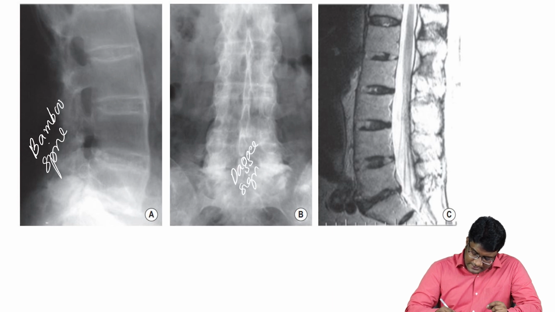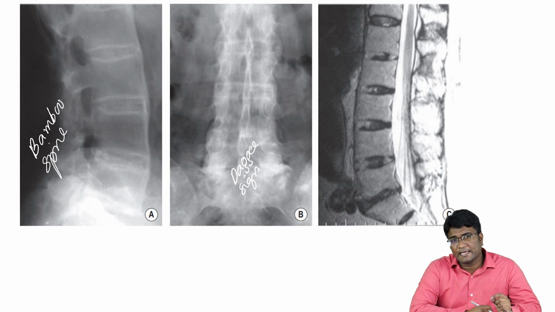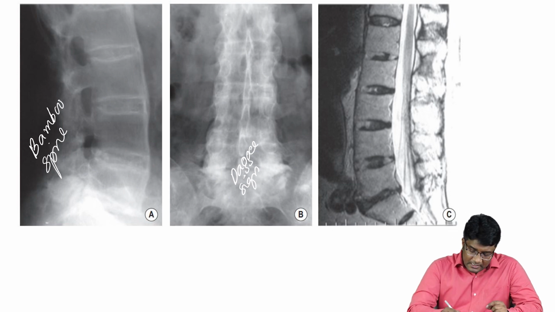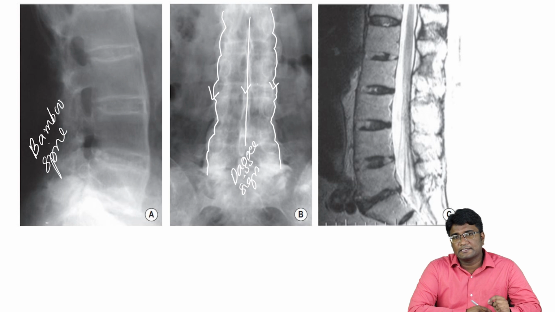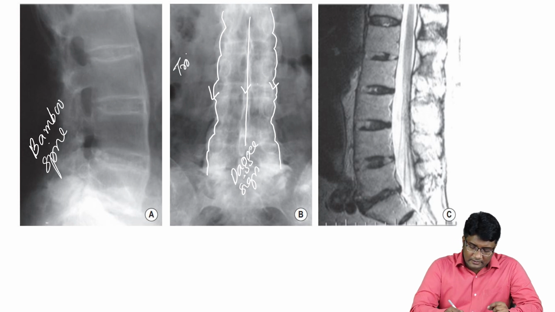So this dagger sign indicates the calcification of the interspinous ligament. This ossification of the periphery of the annulus fibrosus, the intervertebral disc, sticking together along with the calcification of the interspinous ligament, is called the trolley track sign or tram track sign of the spine.